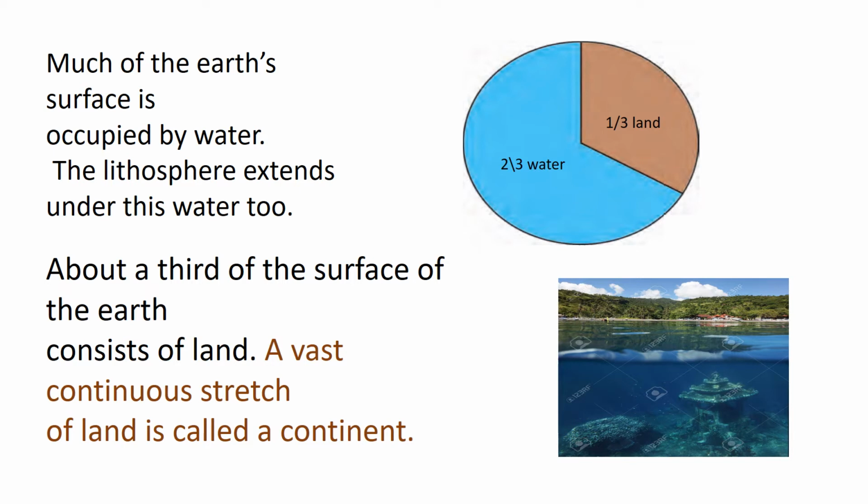About a third of the surface of the Earth consists of land. A vast continuous stretch of land is called a continent. What is called a continent? A vast continuous stretch of land is called a continent.